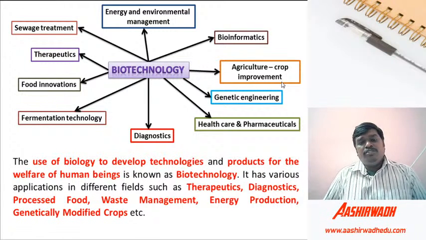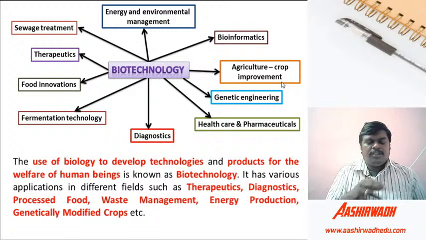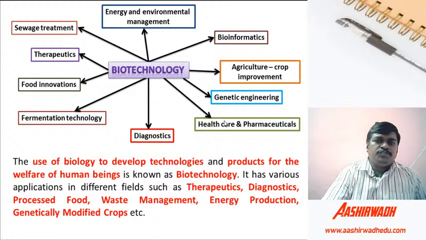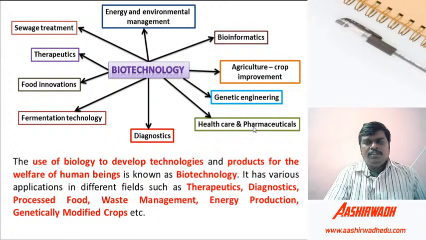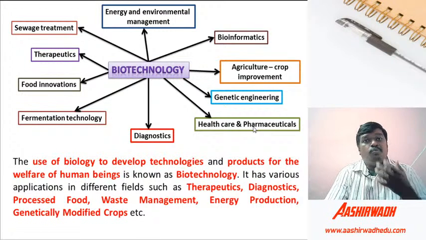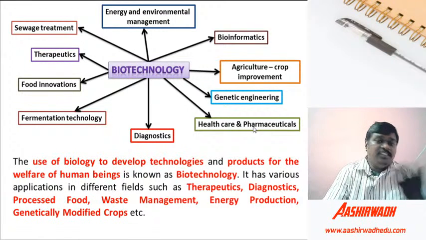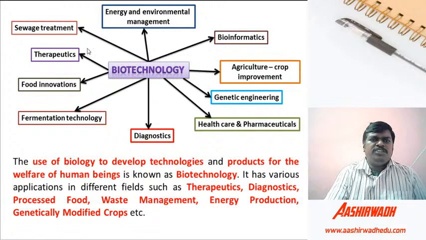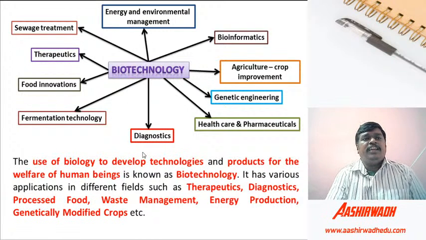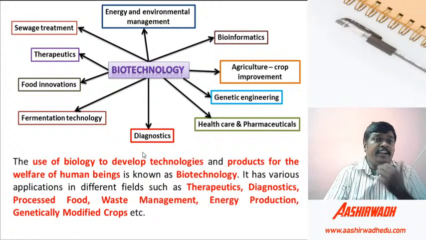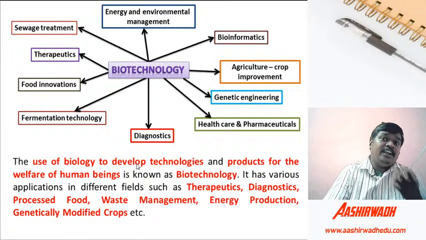And with biotechnology, we can get a lot of genetically engineered products which are mainly used for healthcare and pharmaceuticals: secondary metabolites, enzymes, vaccines, insulins, and also various therapies like gene therapy to identify various diseases.